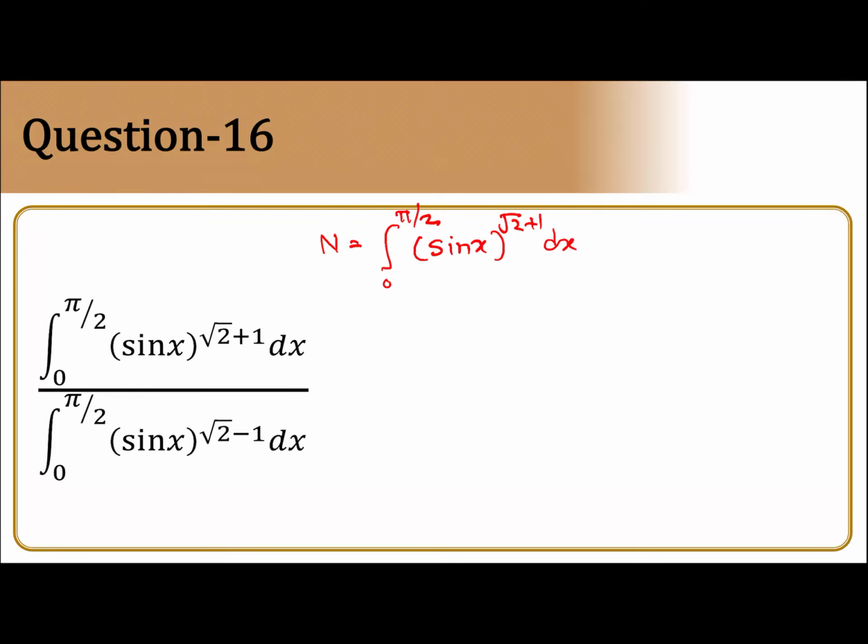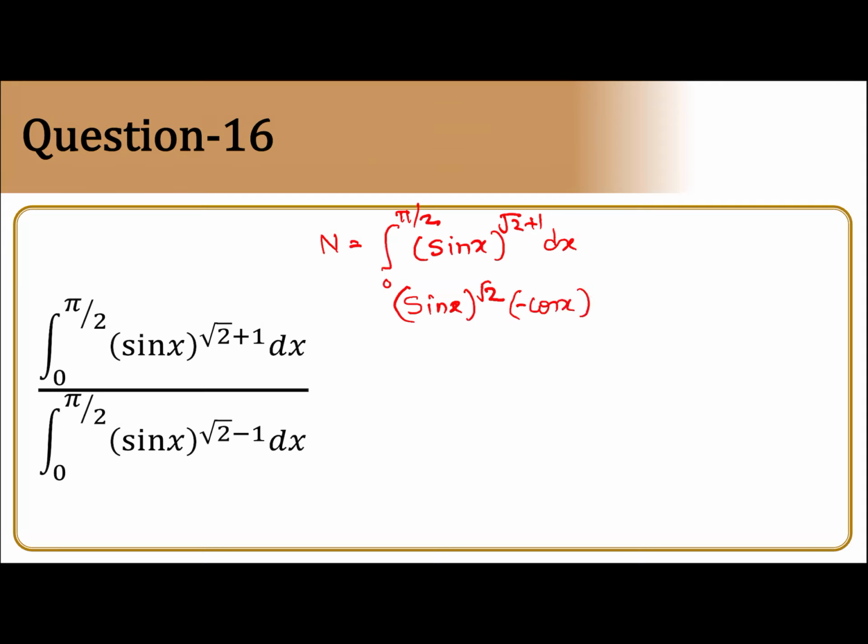We break it. The derivative of sin x is cos x. So what we do is, we take sin x as the second function and (sin x) to the power root 2 as the first function. So this becomes (sin x) to the root 2 as the first function, and the integral of sin x is minus cos x.